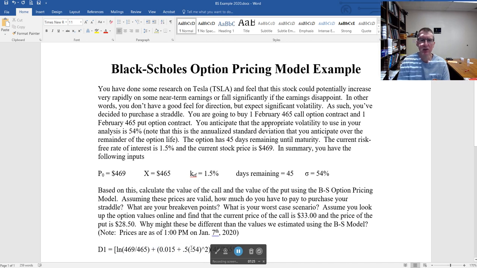Just like we express the risk-free rate as a decimal, we have to express the variance as a decimal in order to be consistent. So going back to my formula now, I put in variance 0.54 times the square root of time. Time again is 45 over 365, and I can raise that to the 1/2 power, which is effectively the square root.